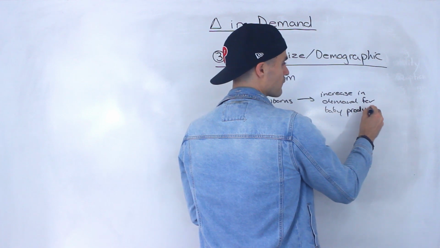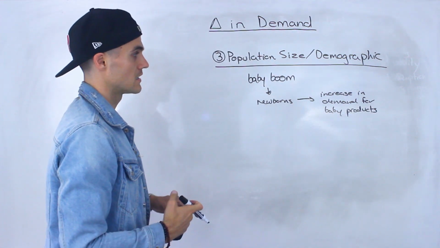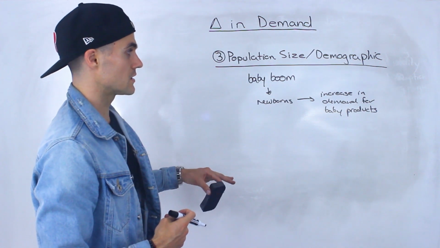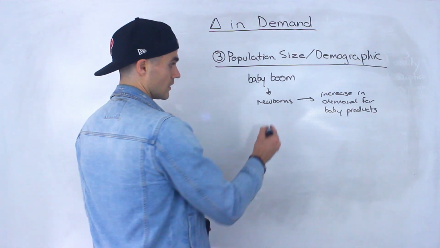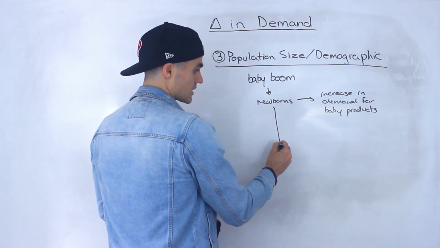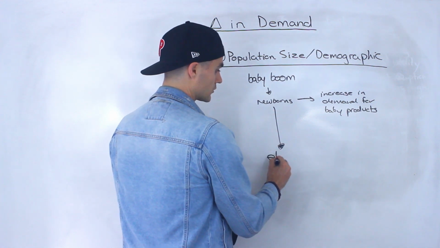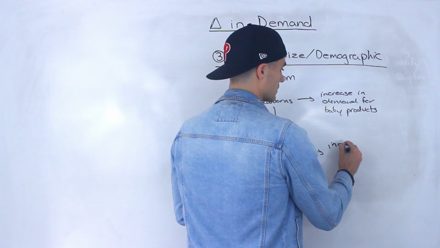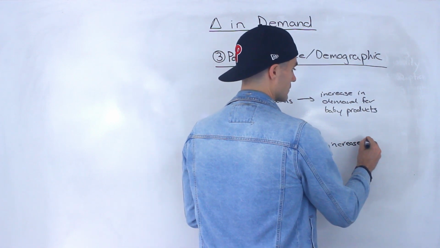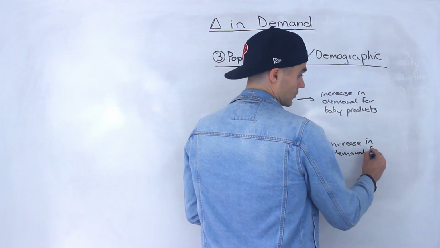So that demographic, that newborn demographic, that population size went up. Increase in demand for baby products when that baby boom started happening. But then as these newborns aged and maybe became older or elders, then there was an increase in demand for retirement homes, let's say.